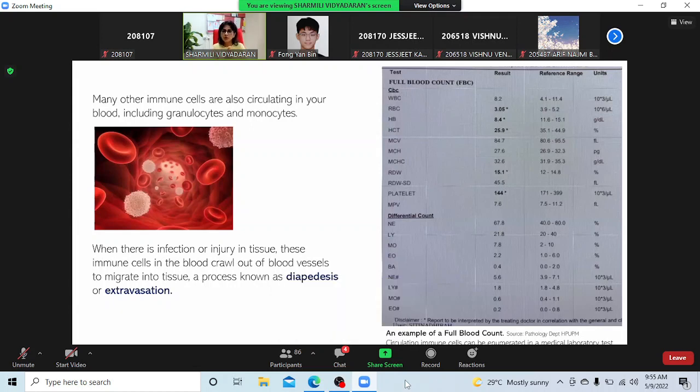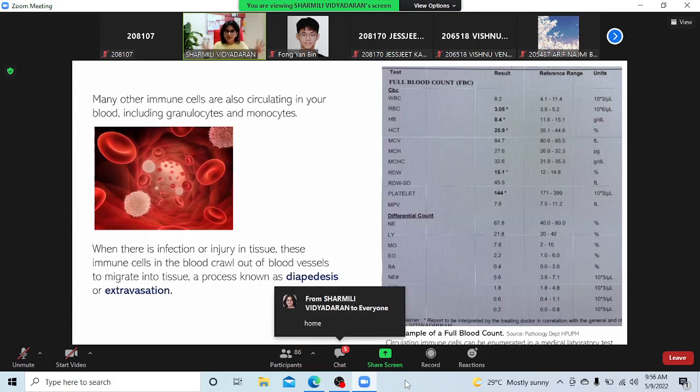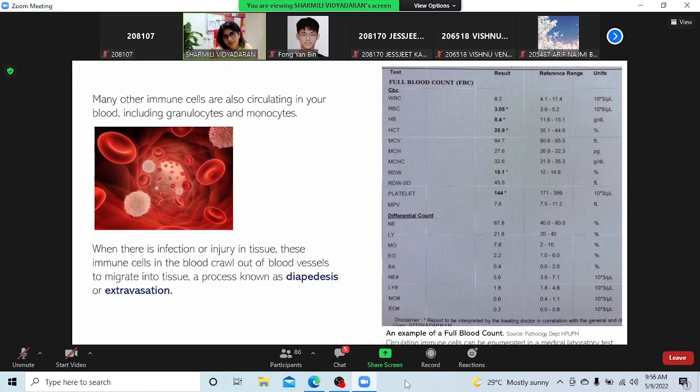Now, I want to talk about your lymphocytes, your B and T cells, because your lymphocytes specifically, they're not always circulating in blood. And yes, you have some lymphocytes in your skin and in your gut and so on. But your B and T cells, your lymphocytes, actually love to home. The word is home. They love to home to particular organs within your immune system. And those organs are your lymph nodes.